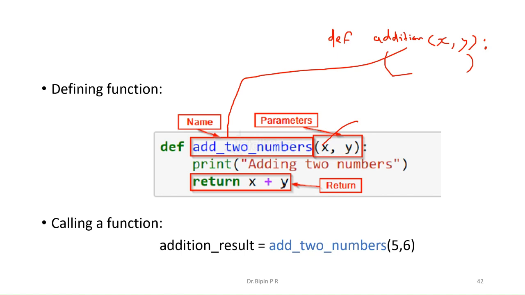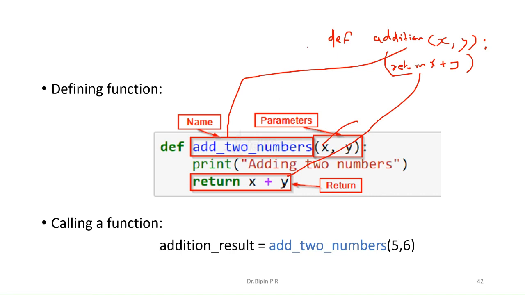Now here, what is the function? Addition. In order to perform addition, what is to be done? x plus y. This value should be returned to the location from where you called the function. Return x plus y. We'll see it one by one with an example.